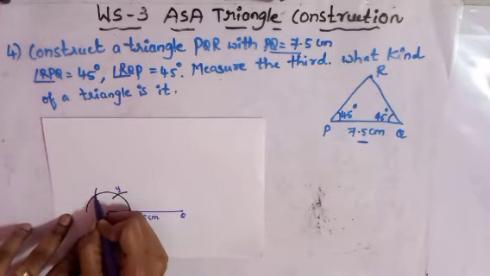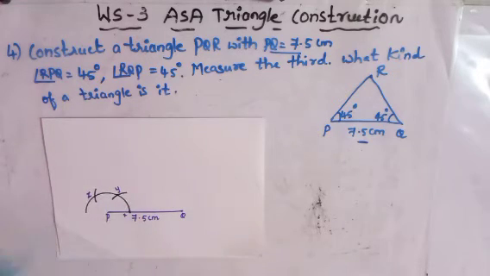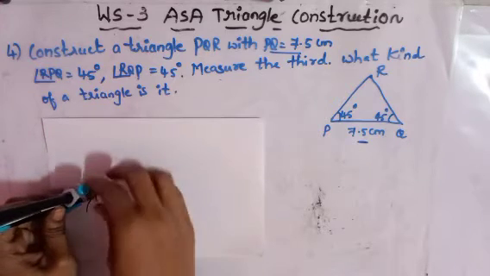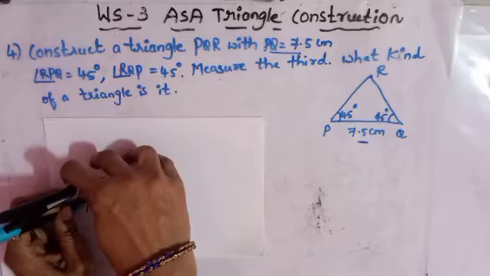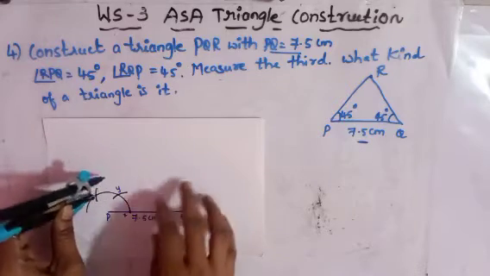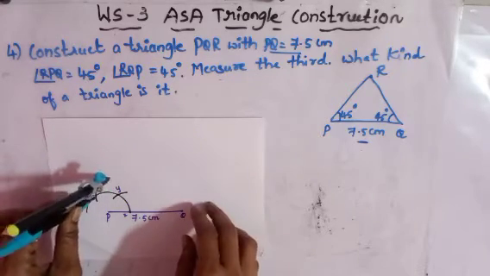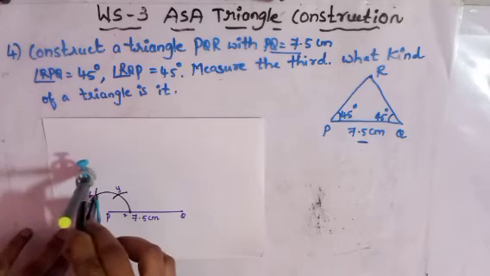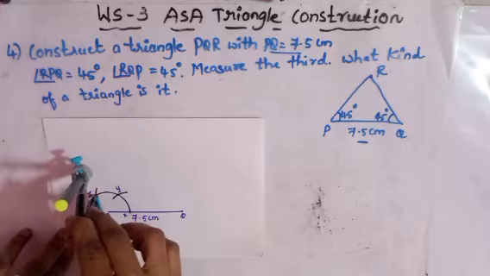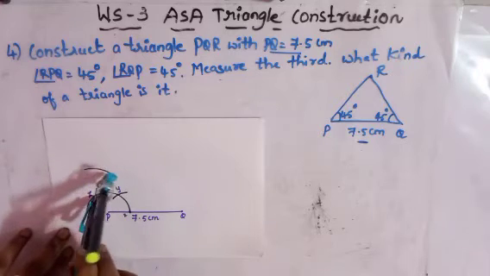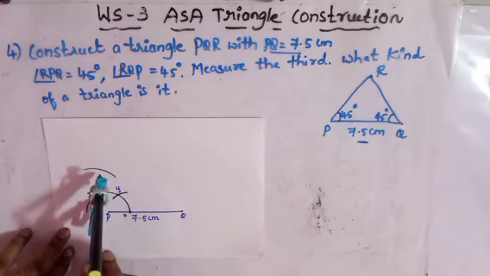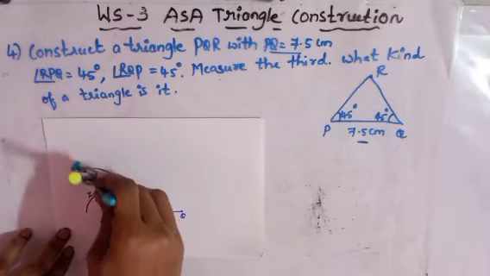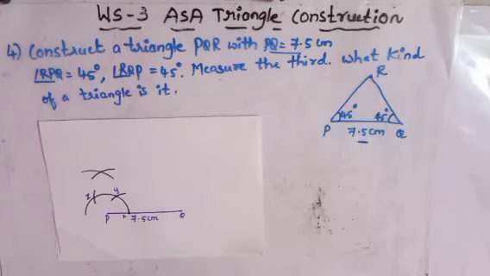Name it Z. Place the compass at Z, take a convenient radius or keep the same radius, and draw an arc. Place the compass at Y and draw one more arc where both arcs intersect.